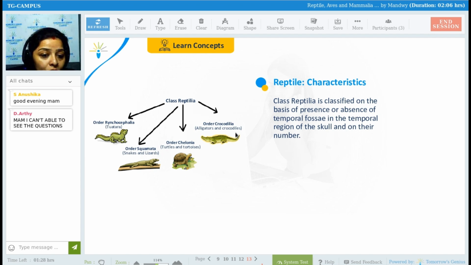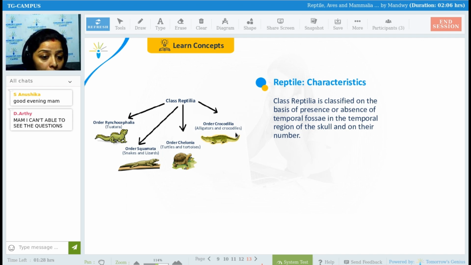The class reptiles, or Reptilia, is classified into different orders on the basis of the presence or absence of temporal fossa in the temporal region of the skull.